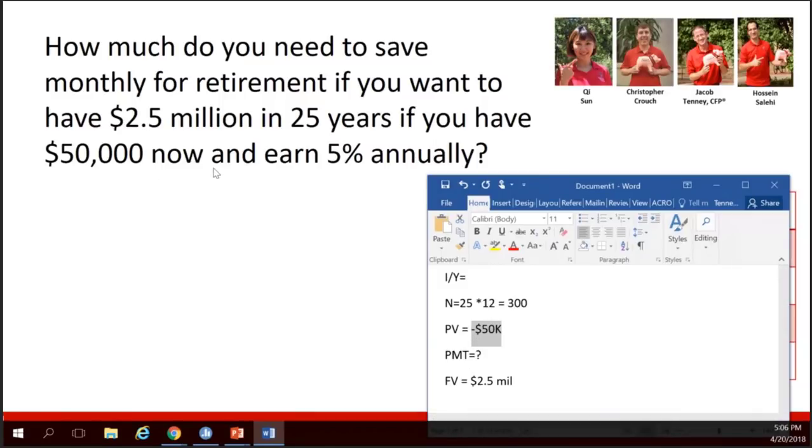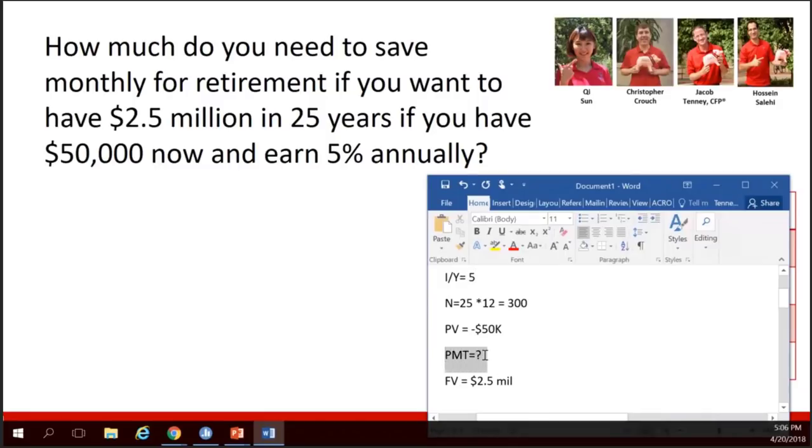And then your current saving is 50, negative sign is really important here. Your interest rate is 5%, so you just need to push 5. And we have the same future value.